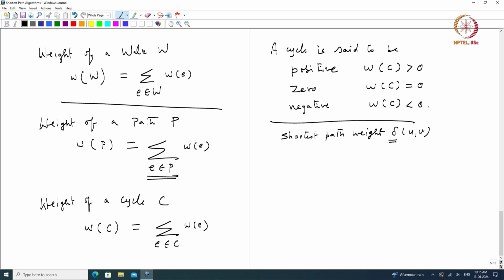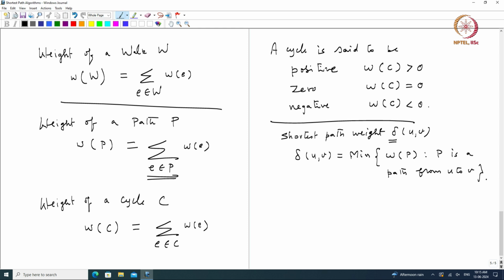This delta is used for shortest path. Shortest path weight delta UV is defined as delta UV equal to minimum over all the weights of path such that P is a path from U to V. So from U to V there may be several paths.